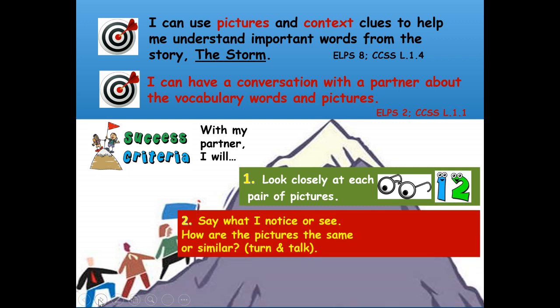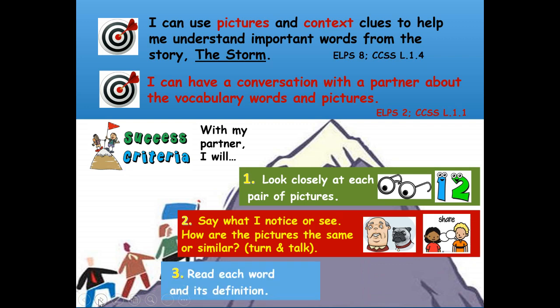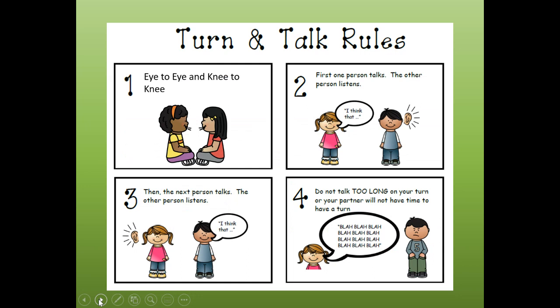Number 2, I will say what I notice or see. How are the pictures the same or similar? And that's when you turn and talk with your partner, or you will be my partner. And then, number 3, I will read each word and its definition.